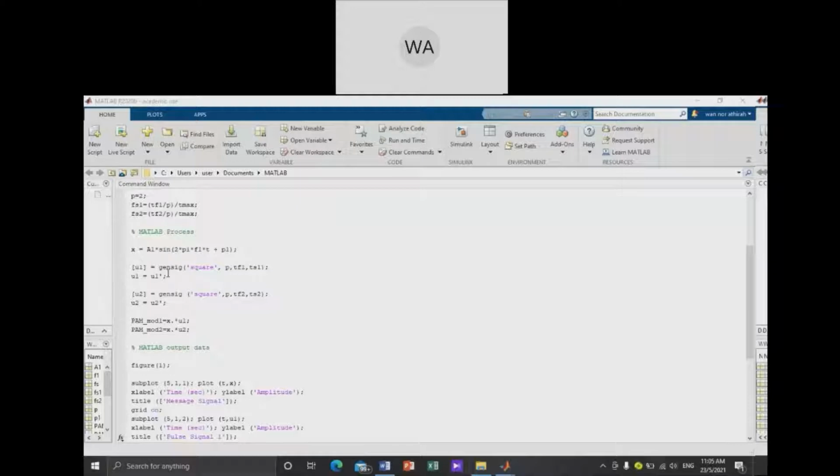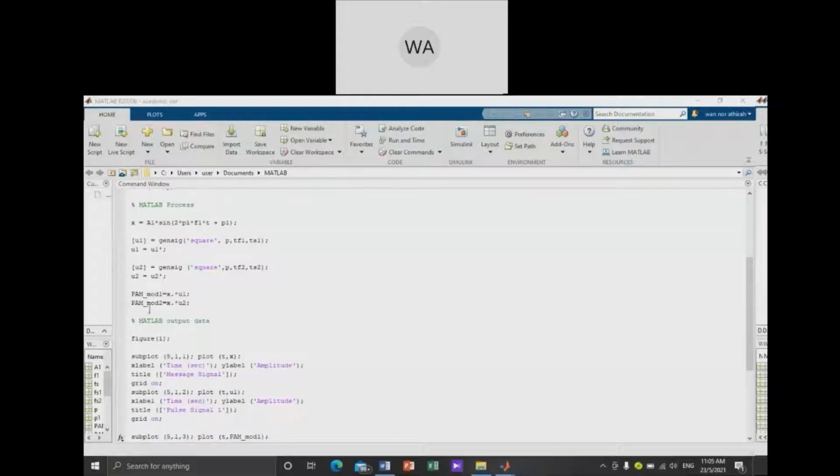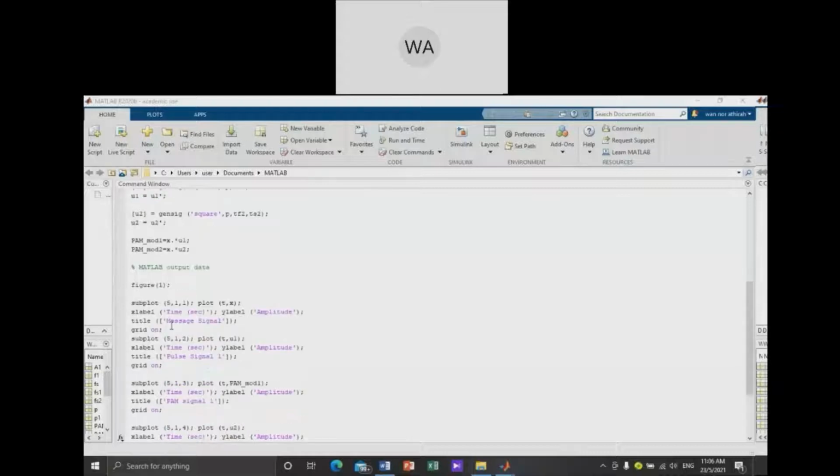Okay, U1 sama dengan gen sin square P TF1 TS1, U1 equal to U1 prime. U2 is gen sin square P TF2 TS2, U2 equal to U2 prime. Pam mod 1 equal to X times U1. Pam mod 2 equal to X times U2.